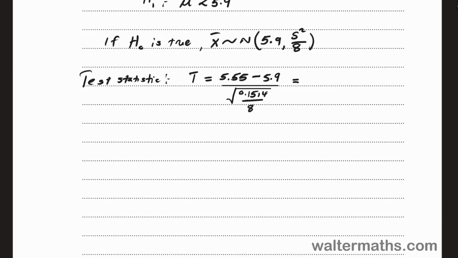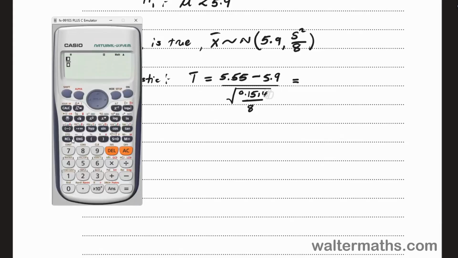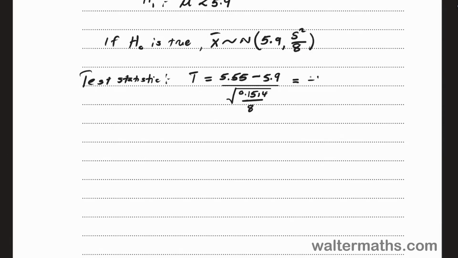So the test statistic will come out as, I'll do the quick calculation here, negative 2.544. So negative 2.544. All right, now we need the critical value, and that's the critical t value at 7 degrees of freedom.